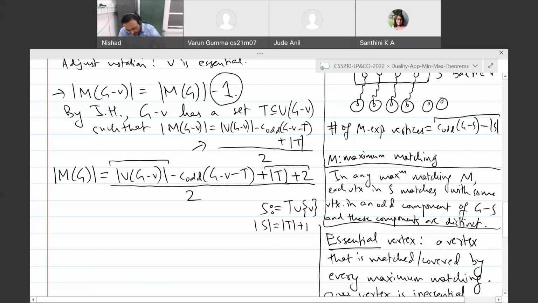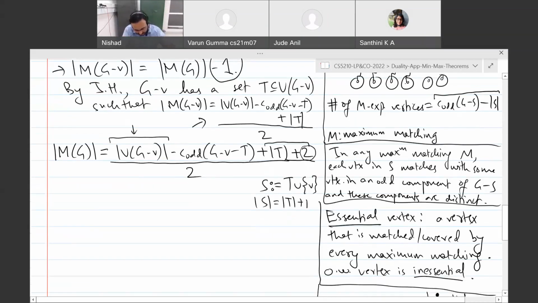So that is how I can take care of one of the extra ones I have here. And the number of vertices in the graph G is also one more than the number of vertices in the graph G minus V. So in fact, if I do this, I get exactly the number of vertices in the graph G. So one of these plus ones is absorbed here.